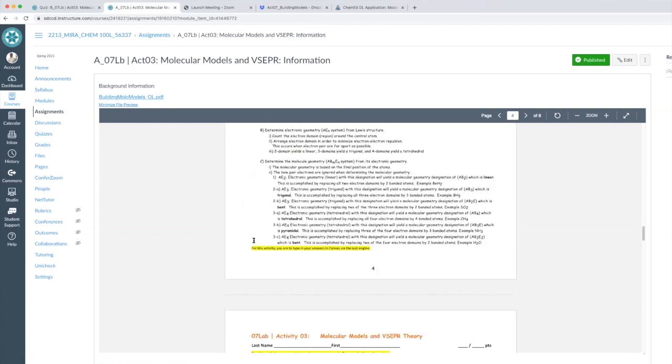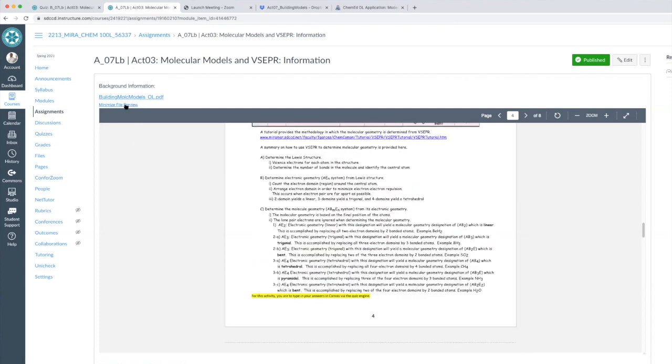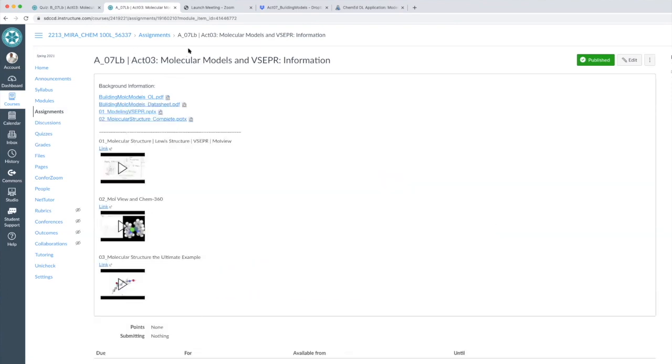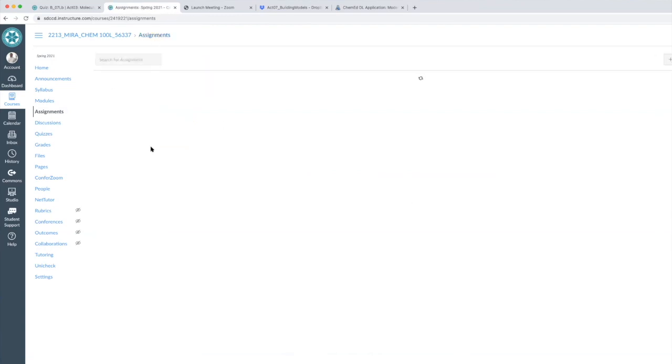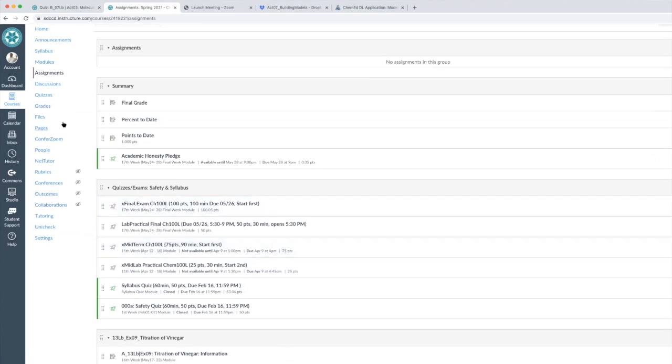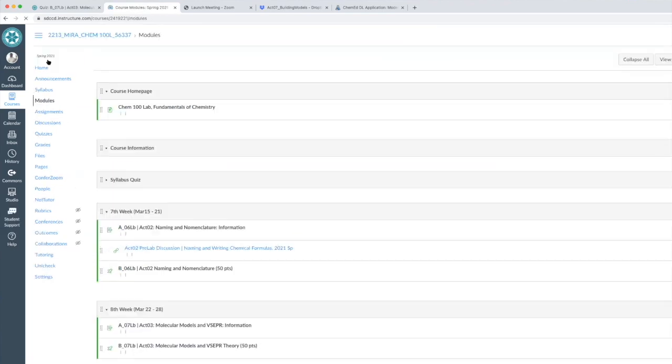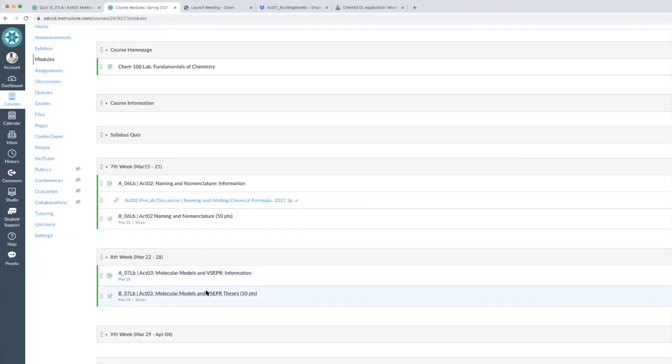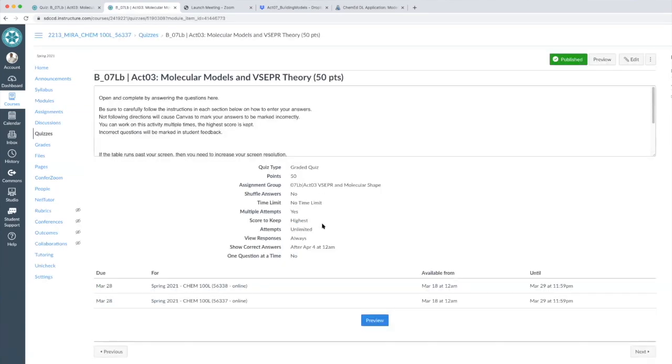Let me go ahead and get started here. Let me go back. Again, that's going to be in the information section, found right here, and this is what you are going to be completing. Now, this is a little bit tricky.